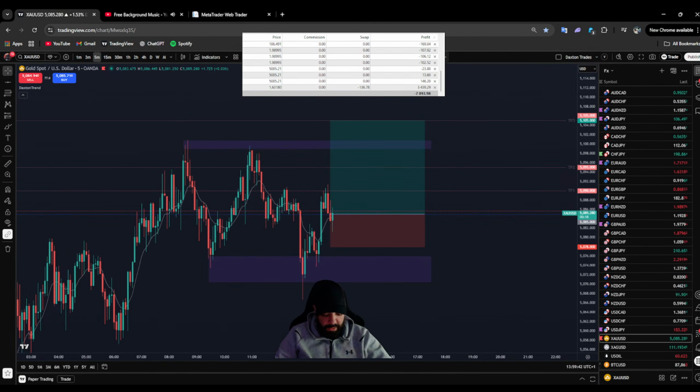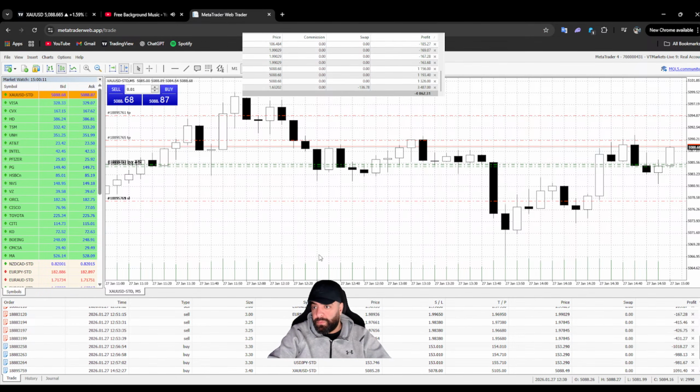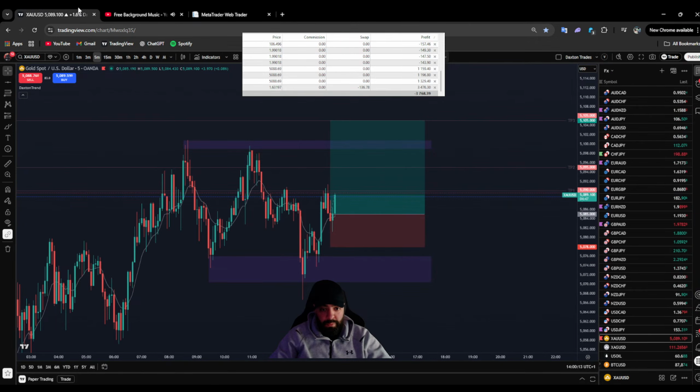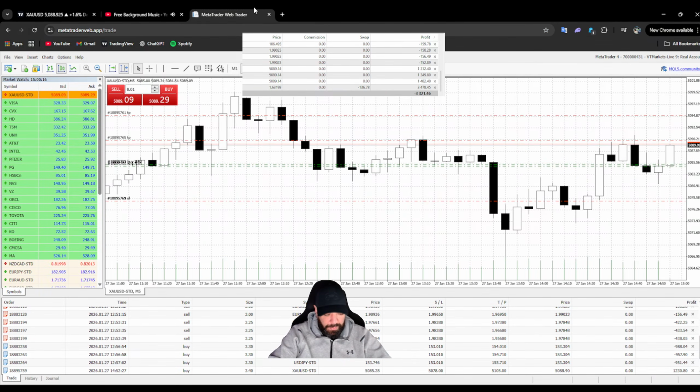Let's see if this candle can push up more. There is some volume. Let's see. Did we touch TP1?